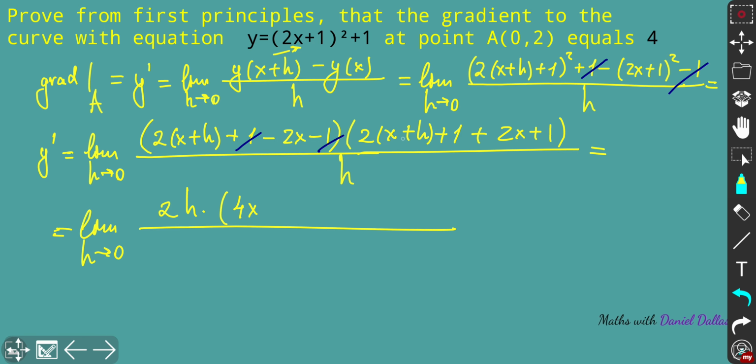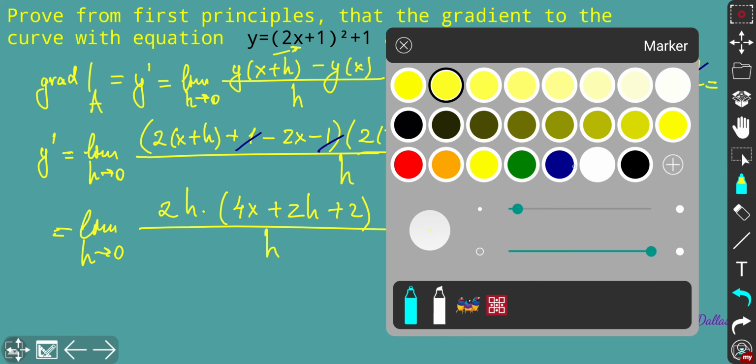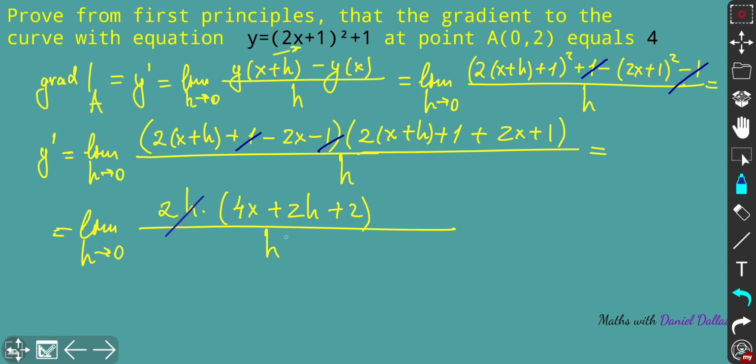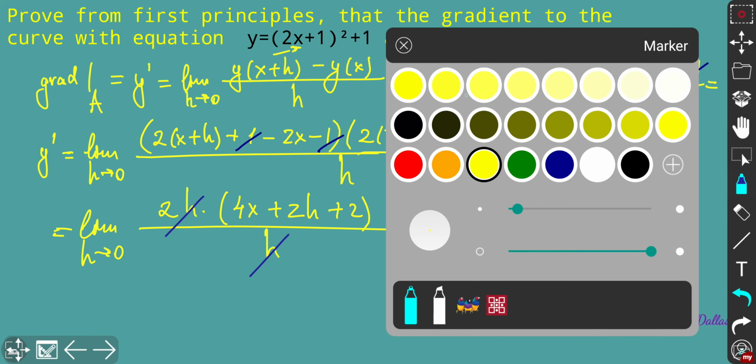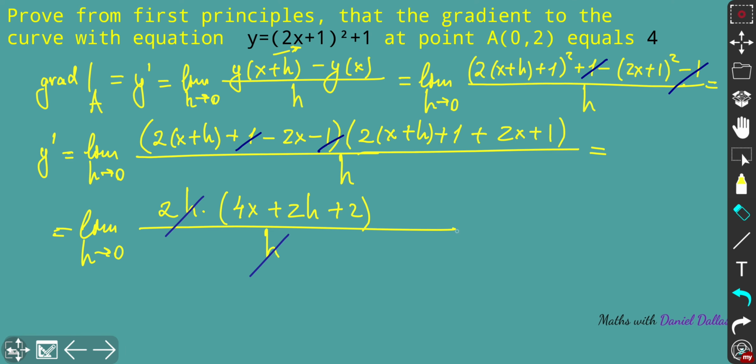On top of that, I'm adding 2h, and I'll add 2, and over h. Now I can freely cancel those h's. Remember, apply the same principle. The limit when h is close to 0, what I've got finally, I can factorize 2, and I'll get 4 times (2x plus h plus 1).